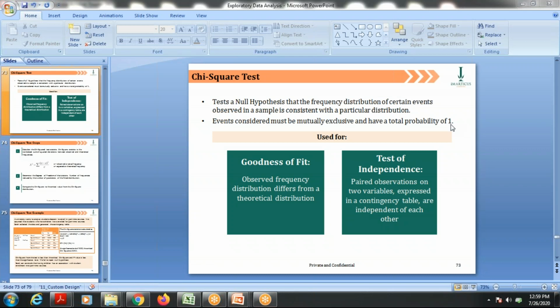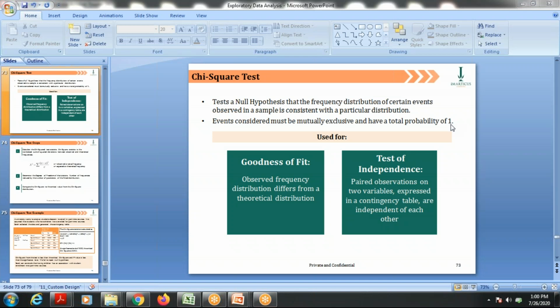And total probability 1 means if you add the probability of male littering and non-littering, it is 1. Probability of female littering and non-littering is 1. I hope that is fine.